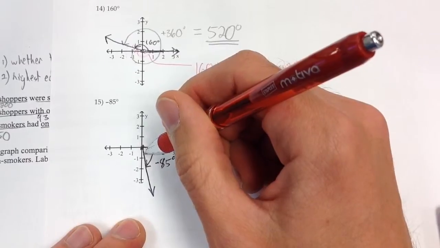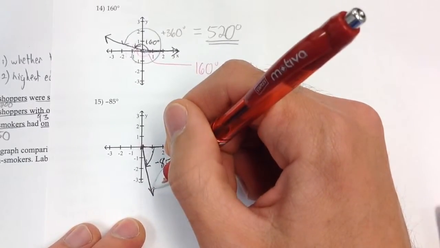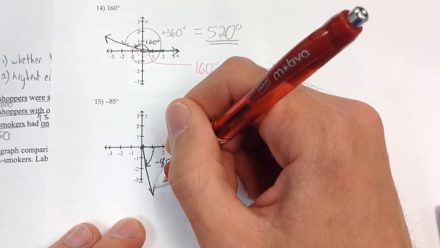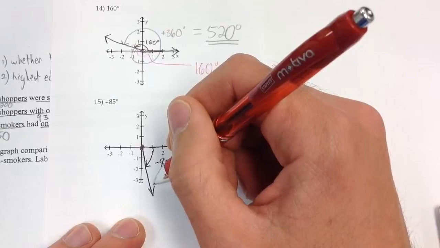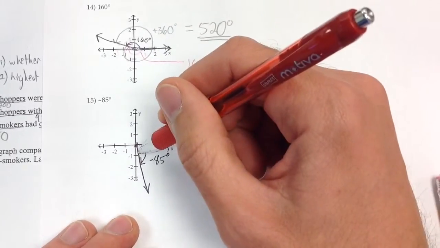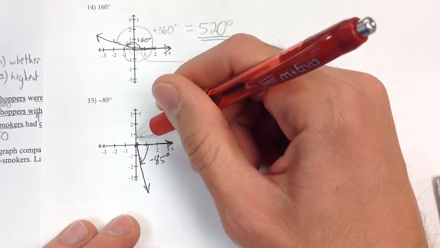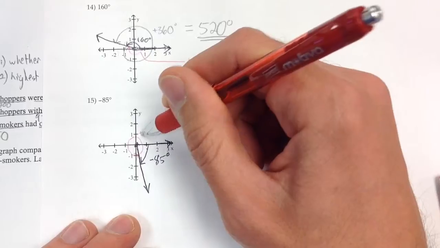So coterminal means shared terminal side. You want the terminal side to be in this location again. And the easiest way of doing that is to just go around another rotation. So it's like if you were to be here and then go around again another 360 from there.